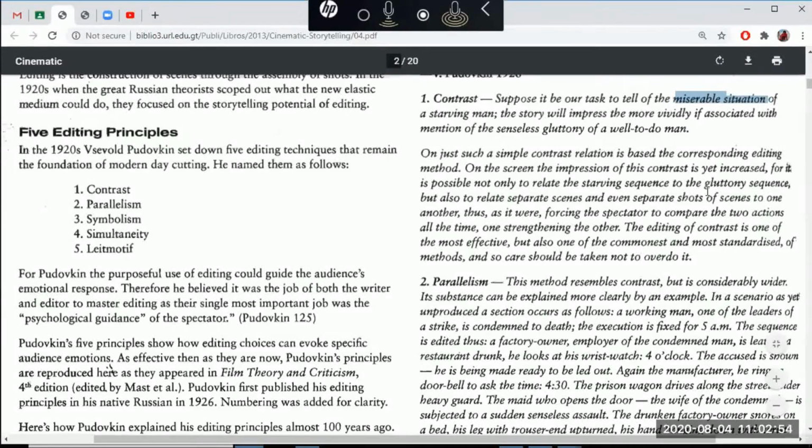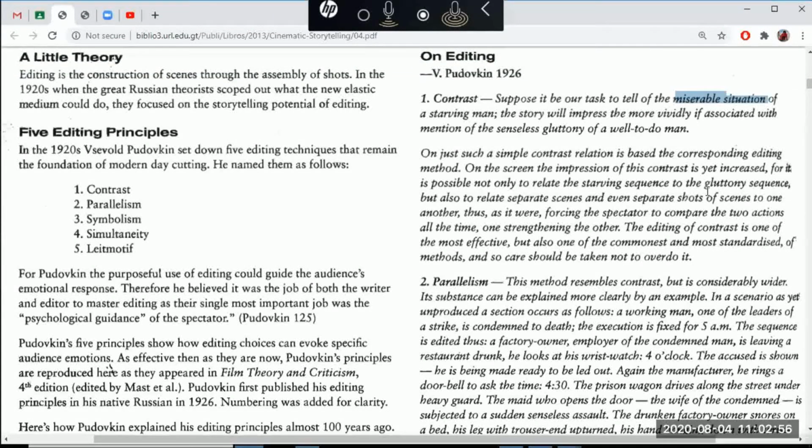If an elite is shown insensitive to the situation of the miserable man, the contrast is established by showing a starving man and a man sitting at a dining table with all kinds of food right in front of him.